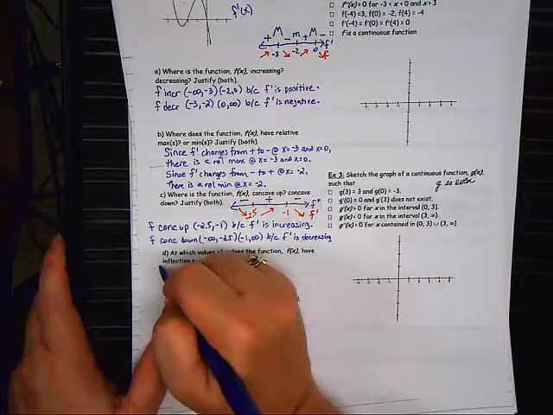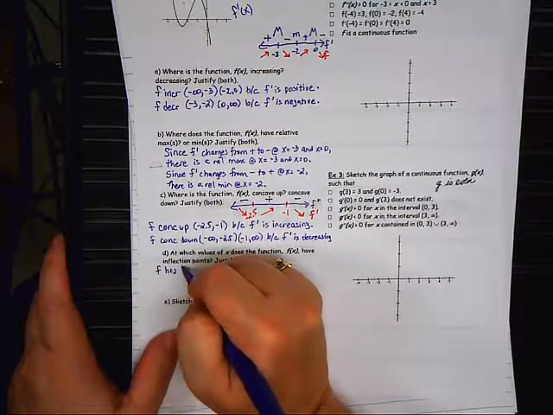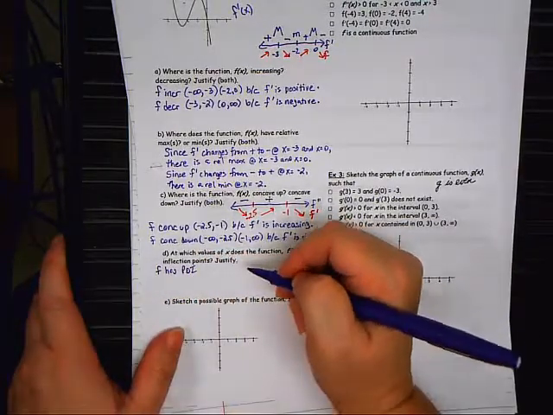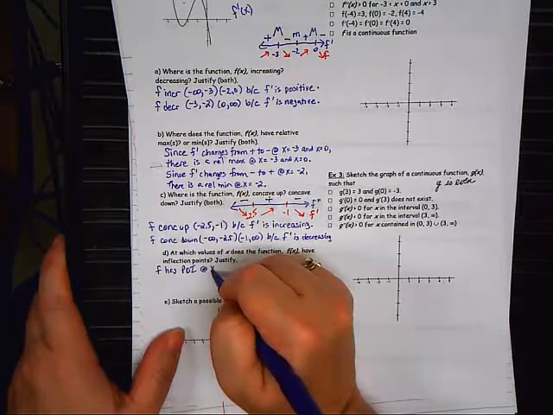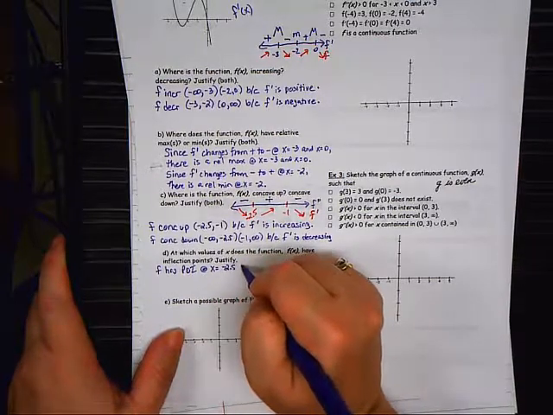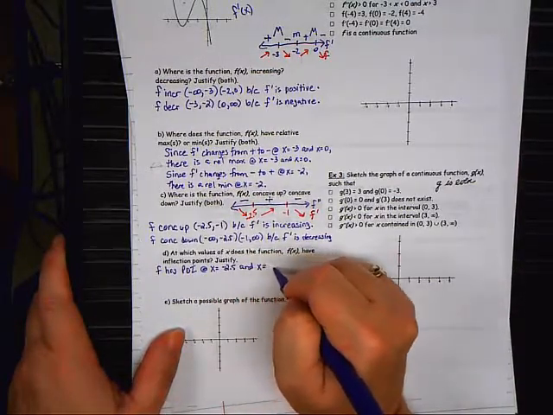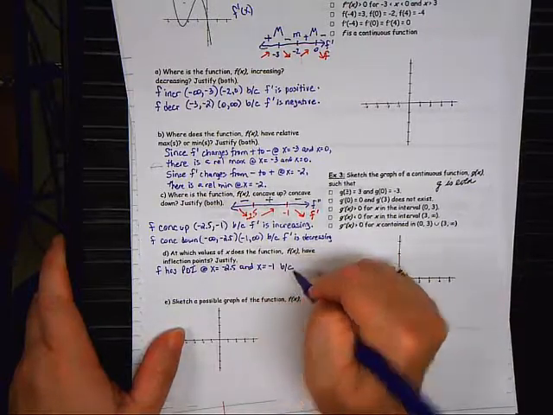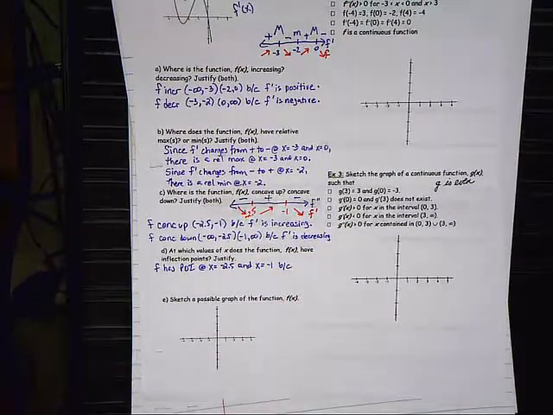So, F has POI, which is acceptable for points of inflection, at x equals negative 2.5 and x equals negative 1 because. I'm going to stop for a second. I want you to catch up with me.